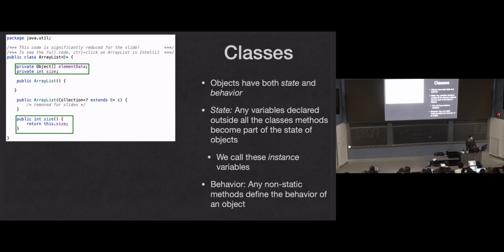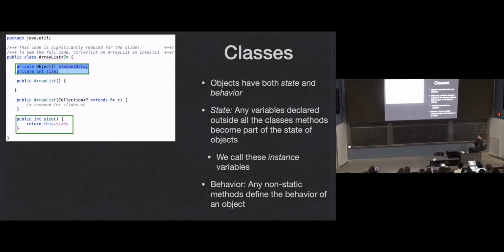The instance variables are any variables that are declared outside of all the methods in your class. So whenever you have variables declared out here in kind of this void, not contained in any method, they are instance variables. Variables inside a method are local variables. They'll get put inside the stack frame for calls of that method. Outside of all the methods, they become instance variables and become part of any object created of that type.